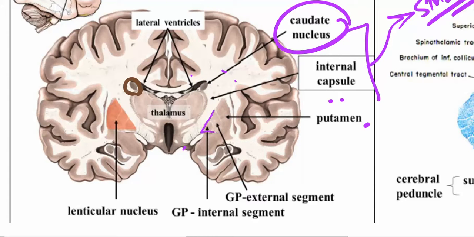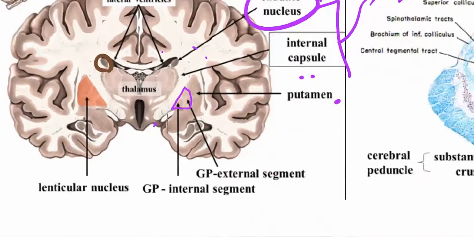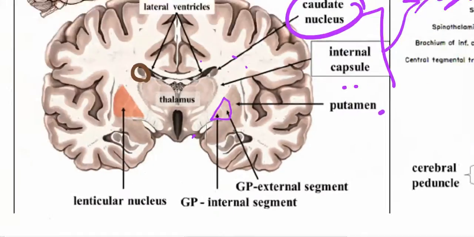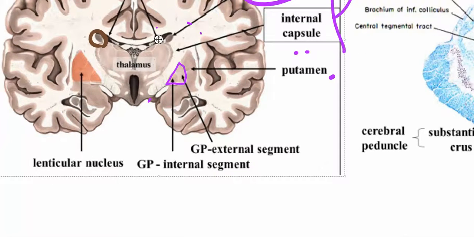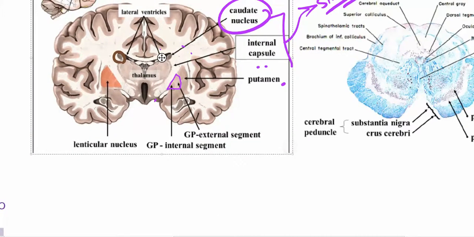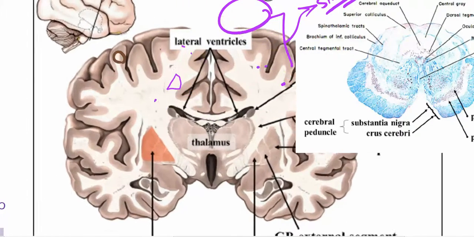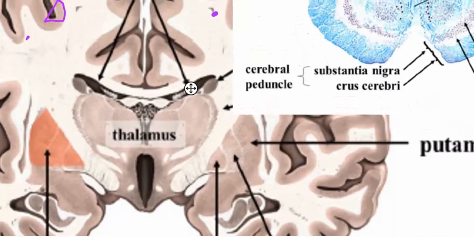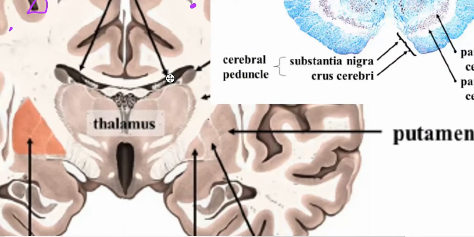Now, this is our globus pallidus. I don't know how clear this is. I wish I could zoom in more, but it's not allowing me. This is the globus pallidus.